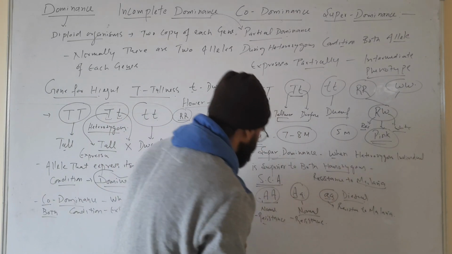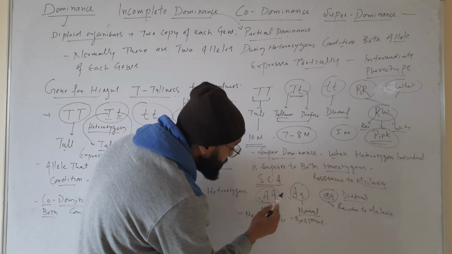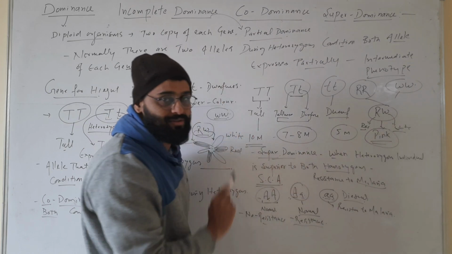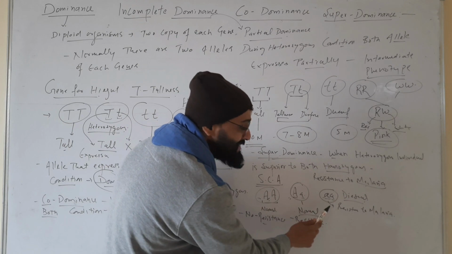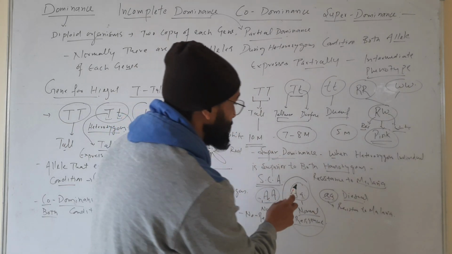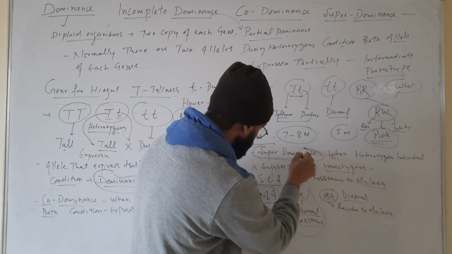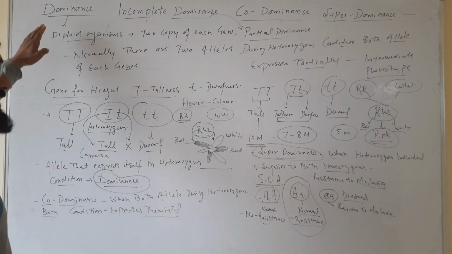So in these three conditions, both of these are homozygous. The heterozygous one is superior to the normal homozygous because it has resistance, and it is superior to the diseased one also because it is normal. So the heterozygous in that case is superior to both homozygous. This condition is called superdominance.